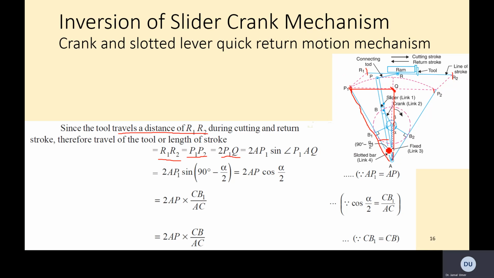Why 90 minus alpha? Because this is 90, and the total angle is alpha. And this angle is alpha by 2.